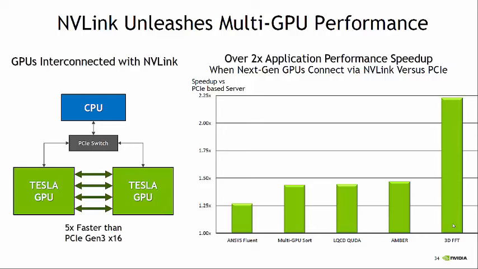Sorting is nearly 1.5 times. Quantum chromodynamics, QUDA, I don't know how to say it. Amber is molecular dynamics, and 3D FFT does a lot of communication, so it's really helped out by NVLink. These are performance numbers within a node, I think, so using the GPU to GPU connection.